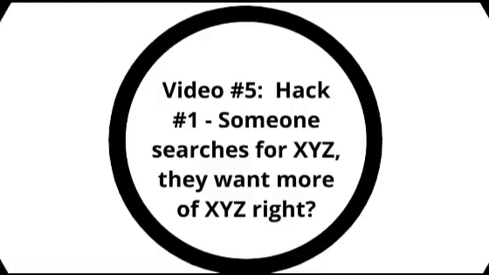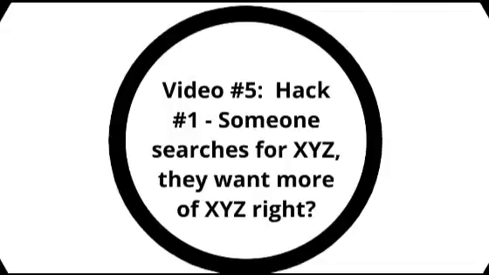Video number 5 is when we start to talk about the hacks. Videos 5, 6, and 7 will be hacks 1, 2, and 3. Hack number 1 is all about this: when somebody comes to your website and the speed is fast loading, they're searching for something specific. They might find it, but then they're going to look for more.